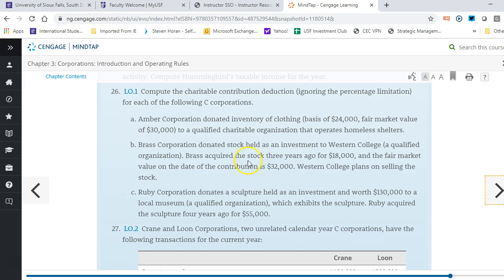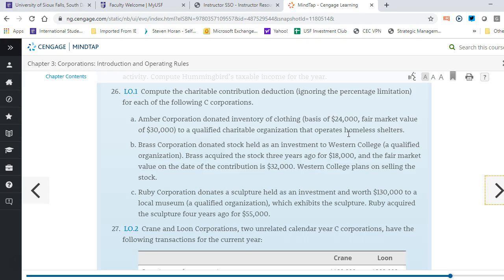Okay, and it's basically the needy is homeless shelters, right? And so we're giving them clothing that will go to help the needy. And because of this, what I'm allowed to do is take a 50% appreciation.